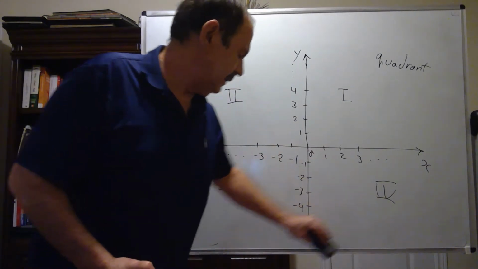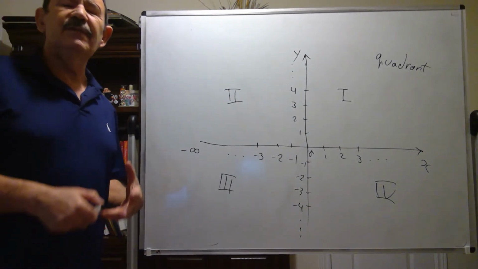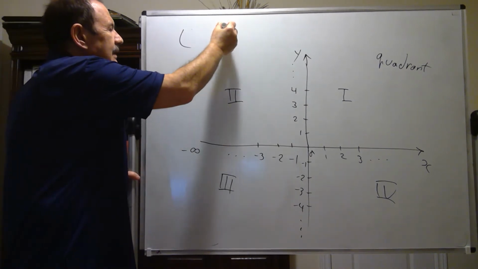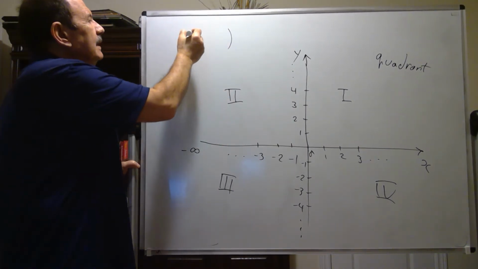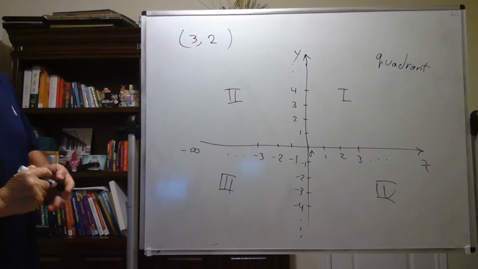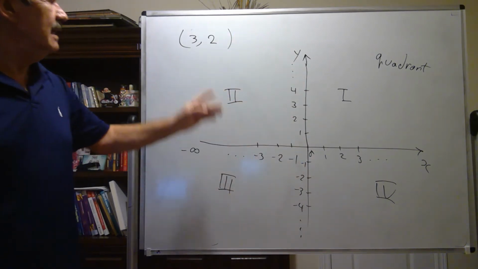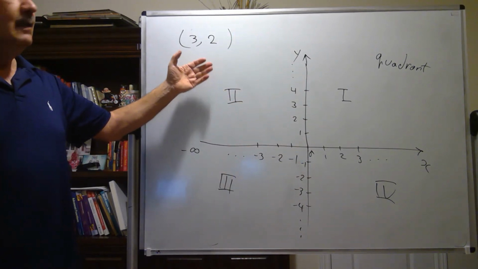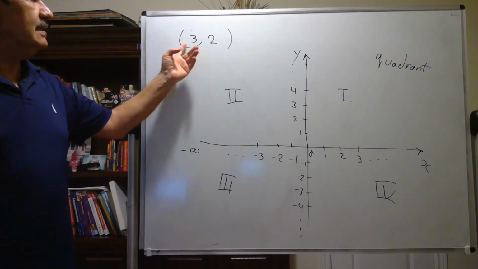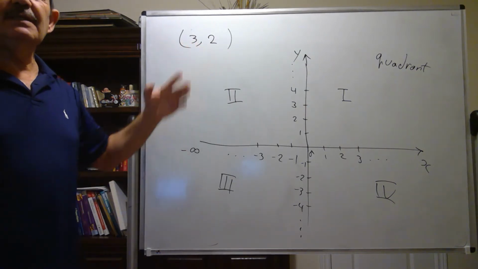The location of each point, we show with 2 numbers. We put the numbers inside brackets, as an example, (3, 2). We show the location of every point in this surface using 2 numbers. We call these numbers ordered pairs. Pairs because they are 2, and ordered because the order of the numbers is very important.